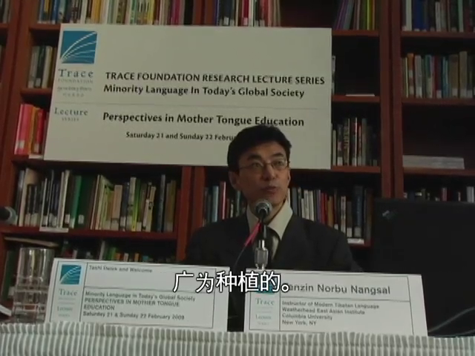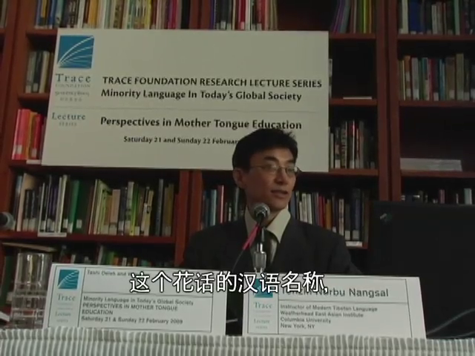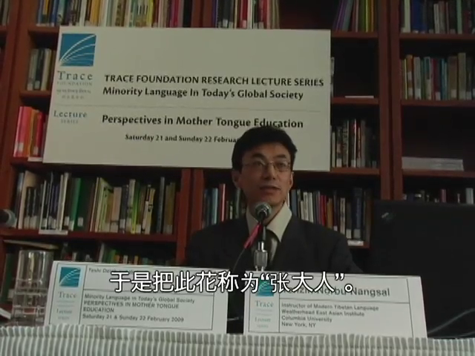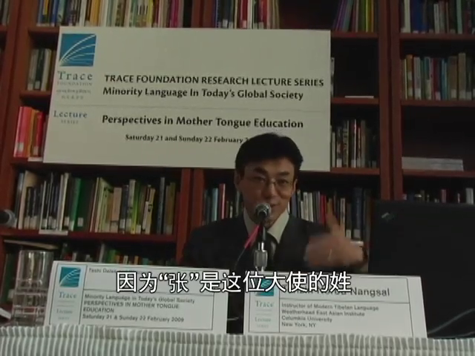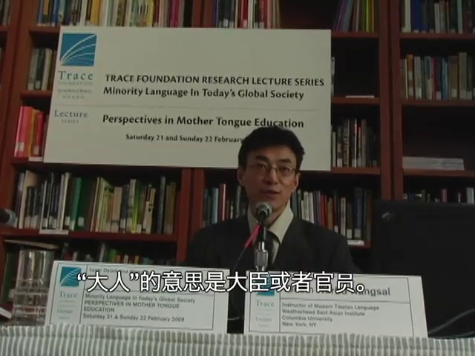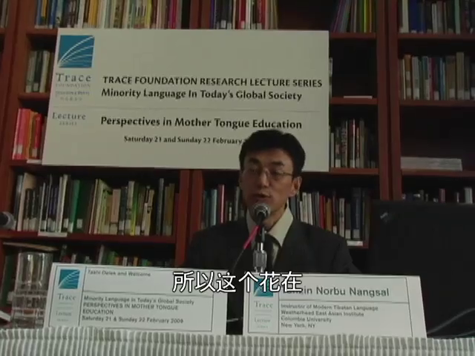Then Tibetan people didn't know that the name came from China. Rather they called it Dang Daren. Dang is his name, and Daren means the minister or official. So later it became dangdari in Tibetan. So I just explained those things to the students.